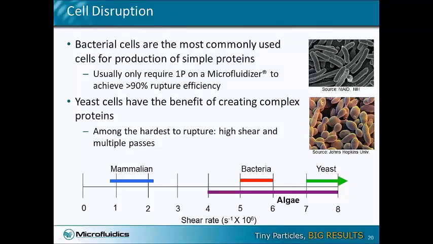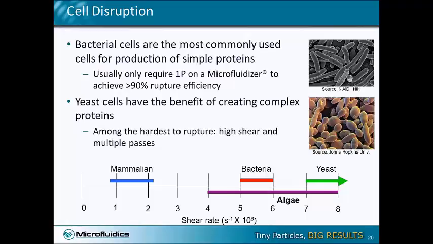And yeast cells are among the toughest cells to break. Usually, to rupture yeast cells, you would need the highest amount of pressure and the highest amount of shear, and sometimes you have to use multiple passes to achieve a high rupture efficiency.